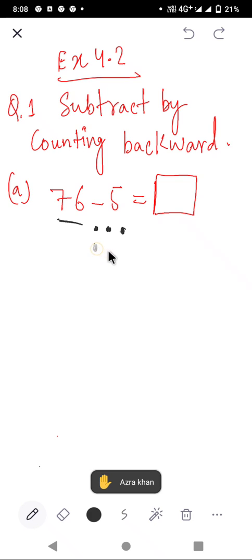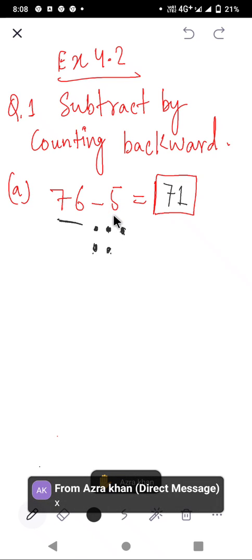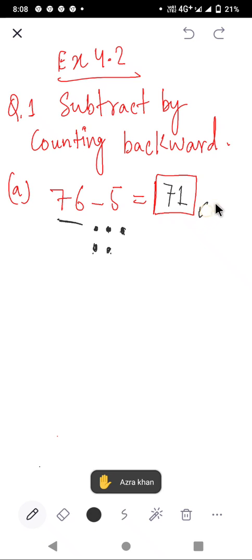Okay, 5 times we have to move backward from 76. Okay, so before 76 what comes? 75, then 74, then 73, 72, 71. Okay, so 71 is the required answer. Okay, 76 minus 5 is equals to 71. Okay, this is the difference here.